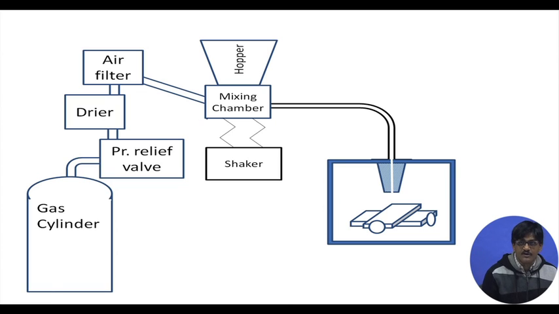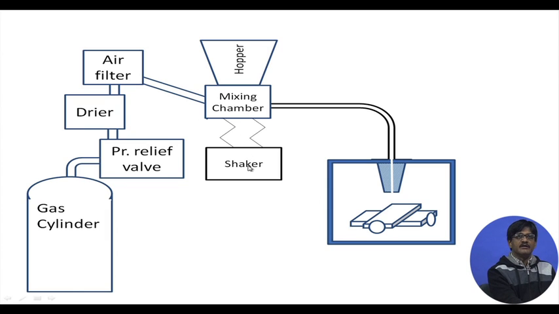There are other ways of putting the abrasive into the chamber. For example, you can have a back pressure line. That means from the cylinder itself you can have a line of air, a pipe of air feeding in at the back side of the hopper with a higher pressure than this one, so that it will drive the abrasives inside.